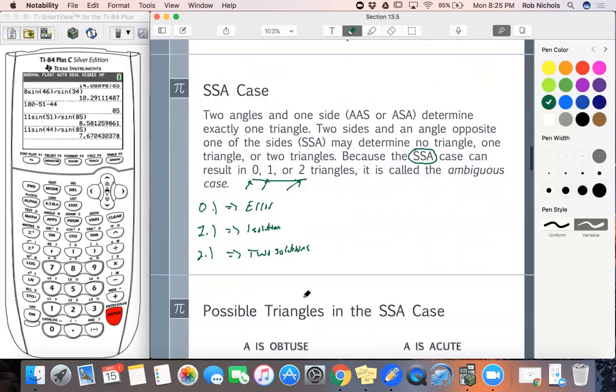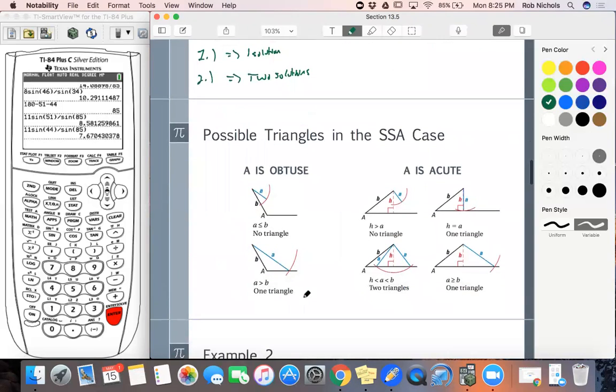Okay. So basically, here's what happens. How do I know what I'm going to possibly have? First, I analyze. I look, do I have SSA? If so, I look at what I'm told. If I'm told an obtuse angle, I'm either going to have no triangle or one triangle. In my work, if I get an error, I have no triangle. If I don't get an error, I'm only going to have one triangle. Because remember, there could be only one obtuse angle, so that's only one possibility.